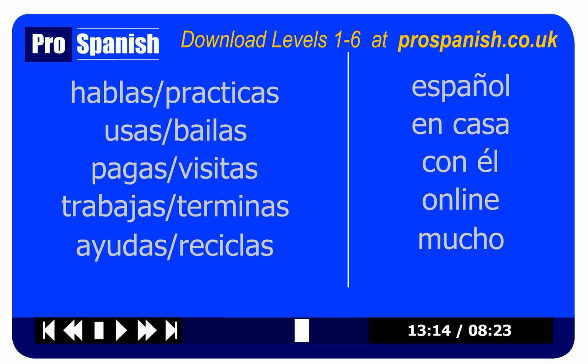Now, if we want to change these verbs to I do something, so at the moment we know to do ends in AR, hablar, practicar, usar, etc. We know that you or do you is AS.